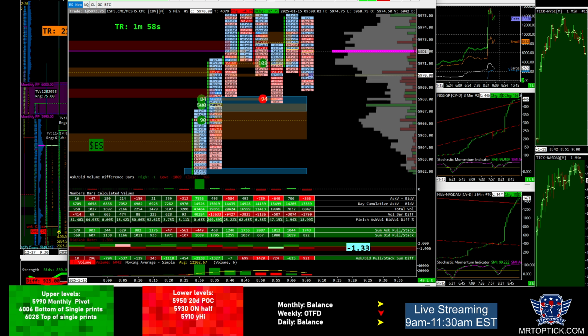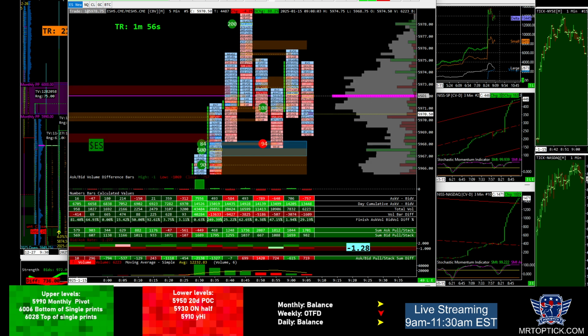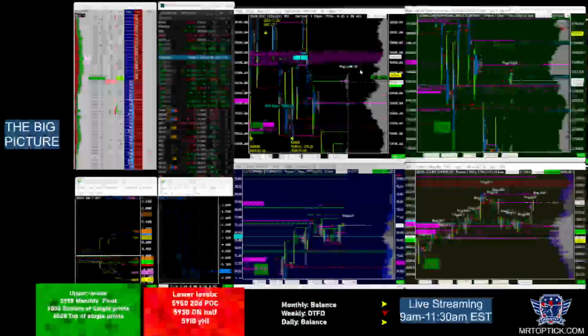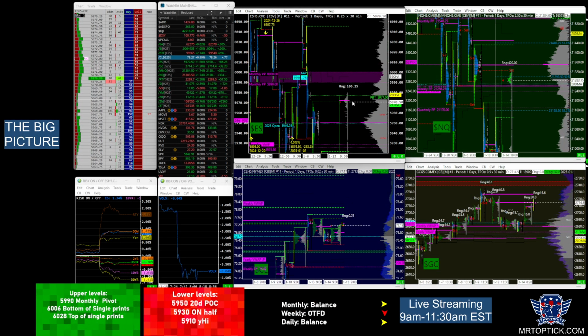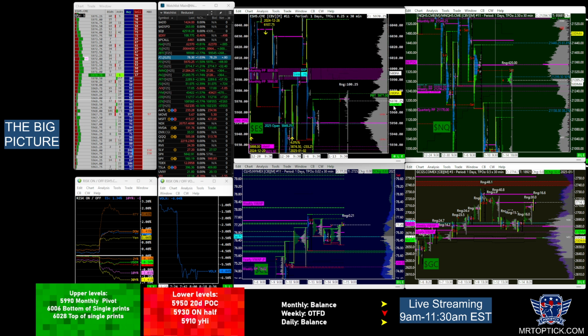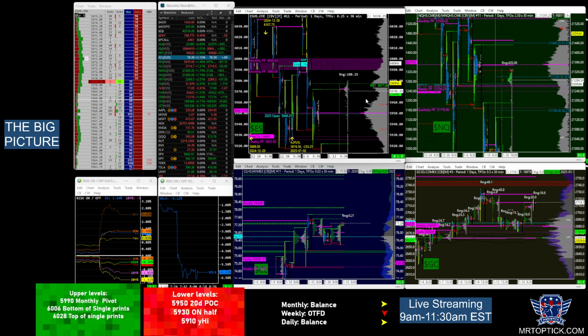So it's kind of hard to tell exactly what's gonna happen. We can see the areas where we have most of the volume, most of the participation, and now we're seeing a lot of volume here, meaning we're accepting prices. We also have a lot of volume here from before, and then 59.50. So we know that this is acceptance.